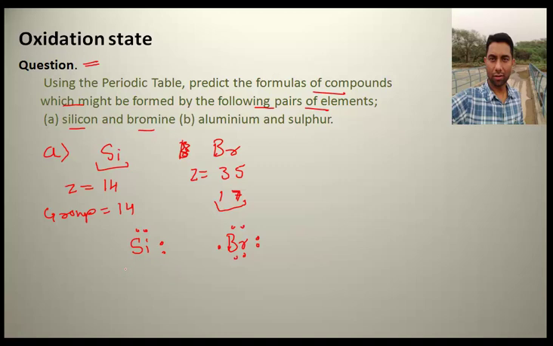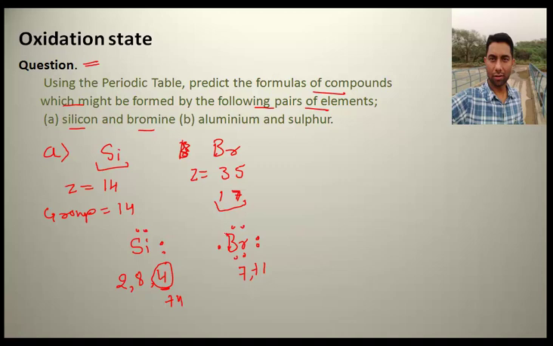Now silicon, how many electrons will it require, or can it share, to complete its outermost shell? So it will require 4 electrons. In the same manner, for bromine, how many electrons will it require to complete its octet? It has 7 in the outermost shell, and then it will need 1 electron.